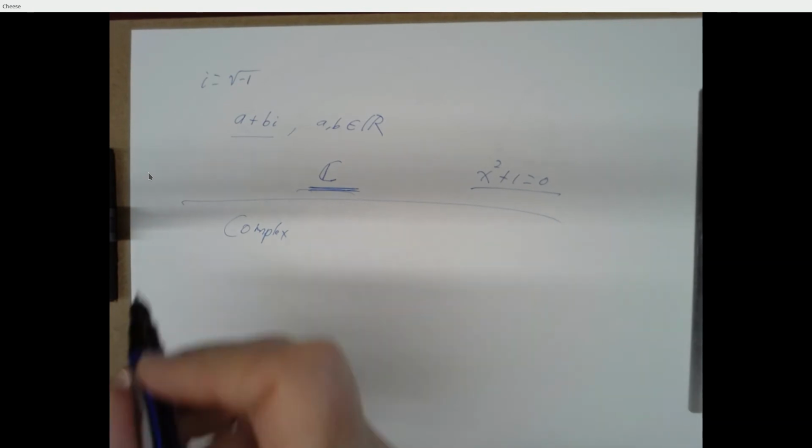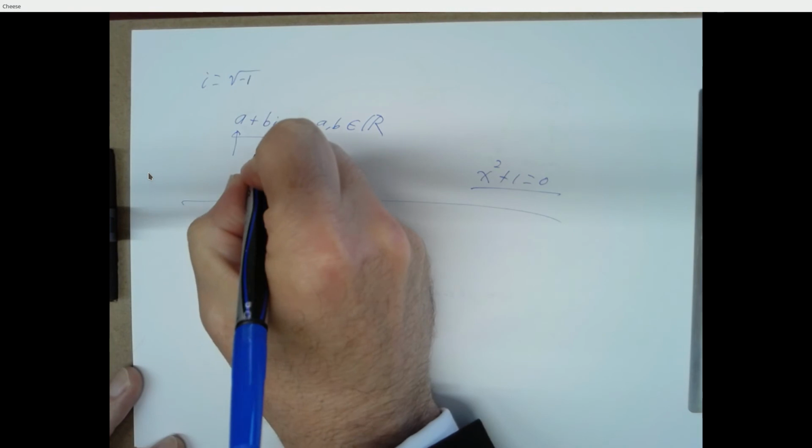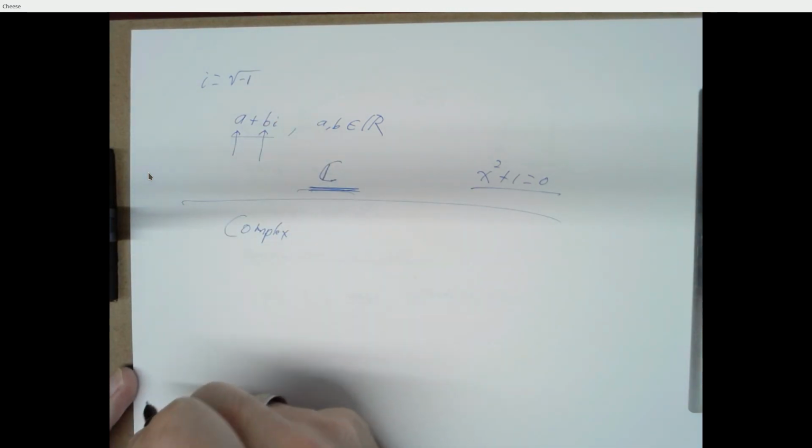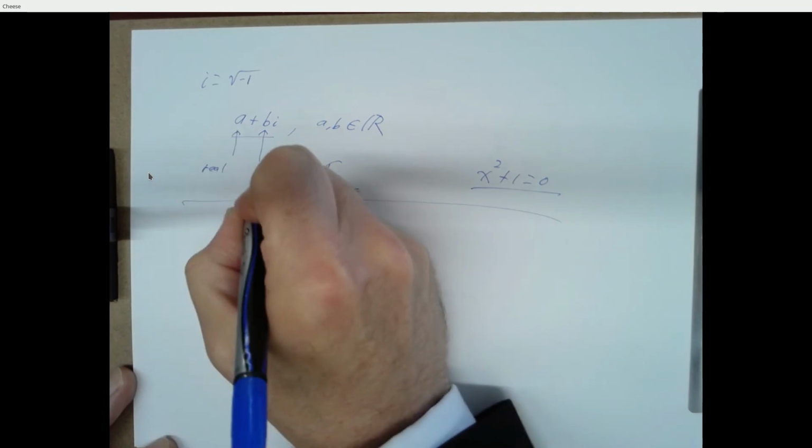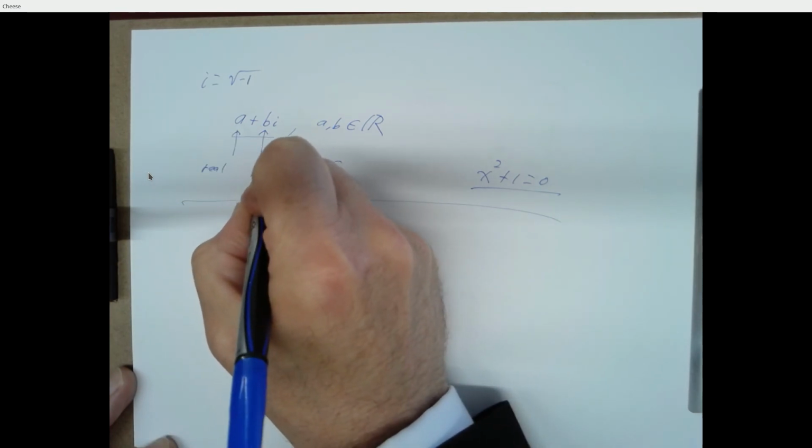To store a complex number, we can't store complex numbers directly in Java. We have integers and doubles and characters, but not complexes. But to deal with a complex number, all we need to know is the value of A and B. A is the real part, and B is called the imaginary part.